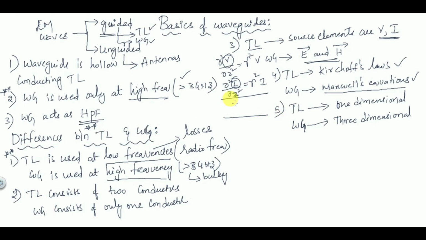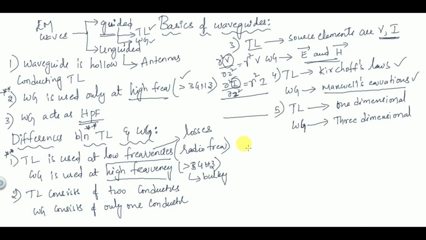So these are the basic differences between transmission lines and waveguides, and this is why waveguides are used for propagation of EM waves from one place to another under a guided medium.